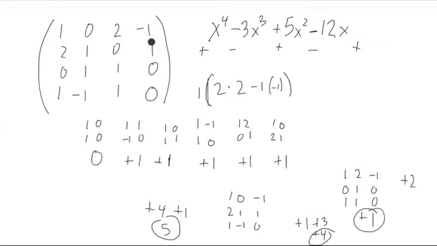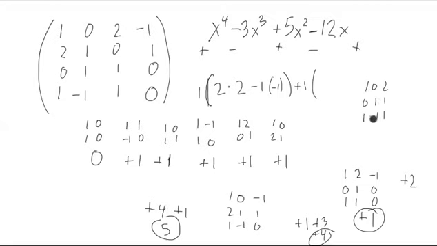Now let's go from this guy. What's kitty corner to it? All right, so cross that out, and we're going to be left with 1, 0, 2, 0, 1, 1, 1, negative 1, 1. Okay, so we're going to have, and this is a positive position, so it's a 1 times the determinant of this part, which now in this part we'll do a cofactor expansion, perhaps just on the first column.